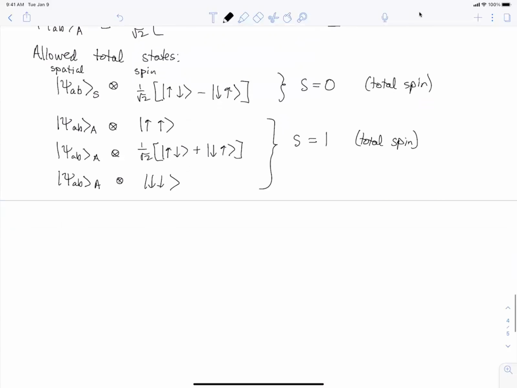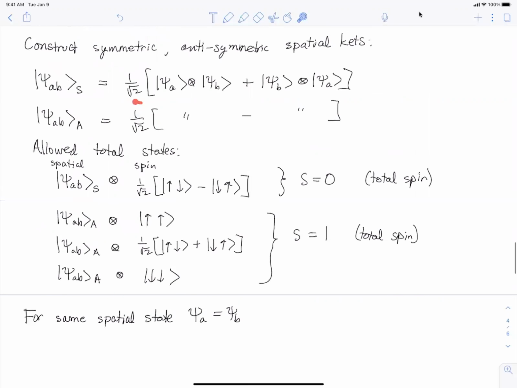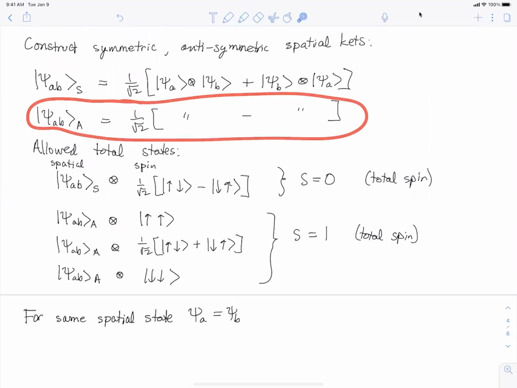So here I'm writing the total spin. In terms of spectroscopic notation, if the spatial states happen to be the same, in other words, psi A and psi B are the same, then I can't write down an anti-symmetric combination because the anti-symmetric combination up here would just vanish because of the minus sign.